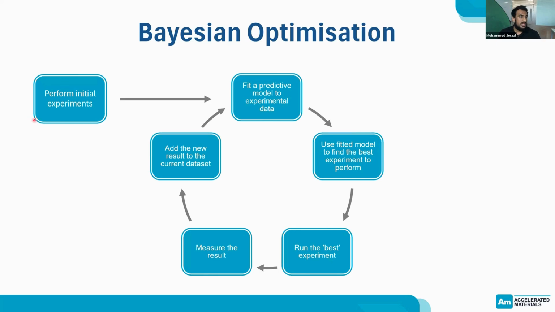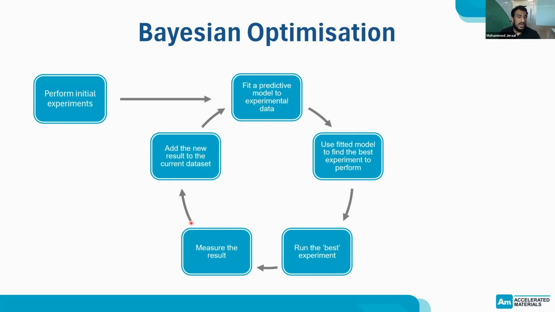So once you've done your initial experiments and you've calculated the yields or measured the particle sizes, what we then do is we fit a predictive model to that experimental data. Once we have a model, we use that fitted model to basically go through thousands of hypothetical scenarios, and of those, find the best experiment. Once we have the best hypothetical experiment, we physically go and run it.